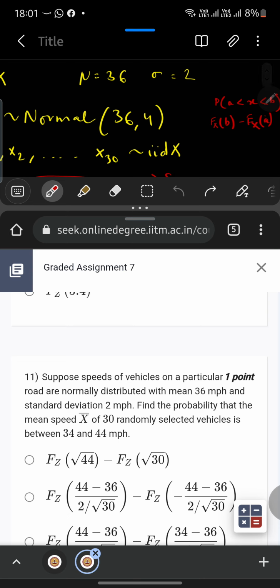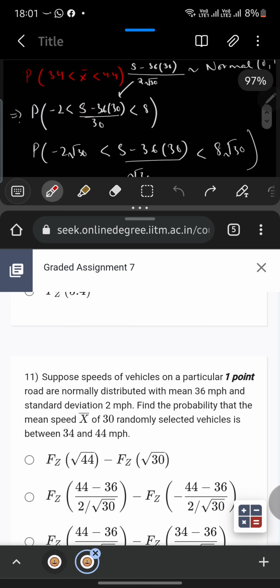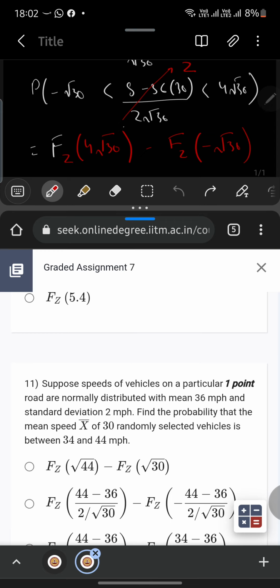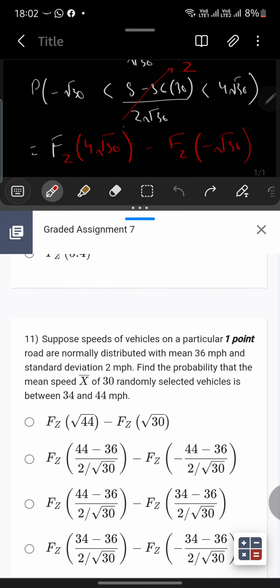Perfect. Now this would be 4, this would be 8. This is the wrong option, first of all. Yeah, this is wrong because this does not justify this one.